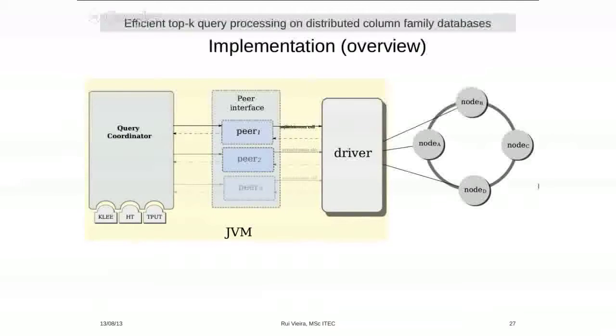Then we have a peer interface whose implementation uses the asynchronous capabilities of the Cassandra driver. This is very good because if we have a huge number of peers, we can spread out a huge number of asynchronous calls to the driver, and then do the synchronization with a small thread pool on the query coordinator. It's obviously very handy to deal with large numbers of peers.